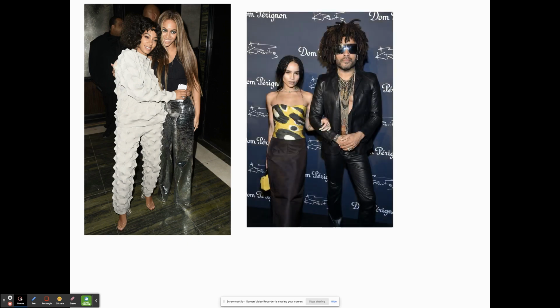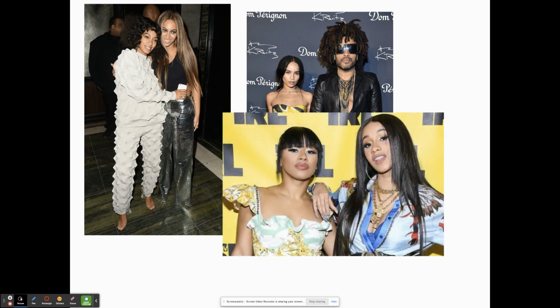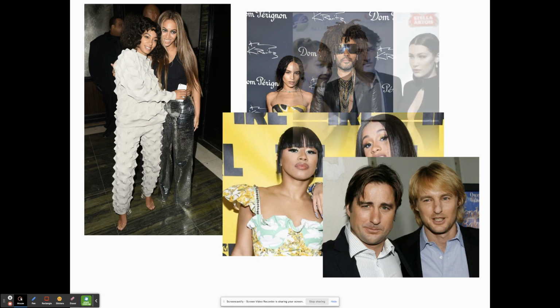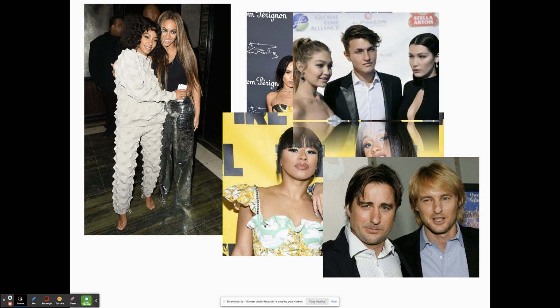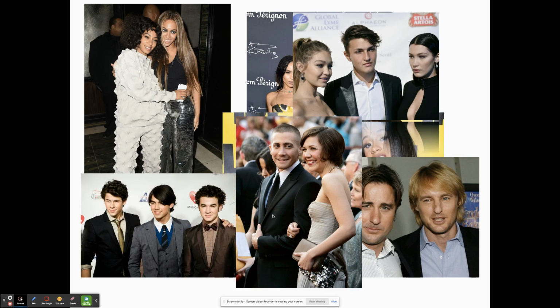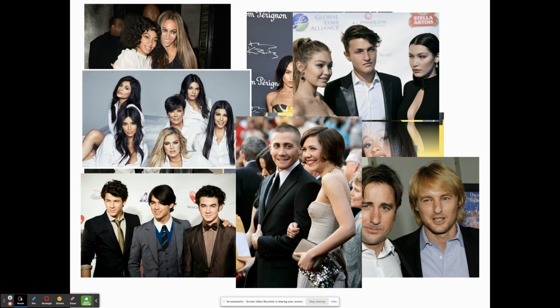We have Beyonce, Lenny Kravitz and his daughter Zoe, Cardi B and her sister, the Wilson brothers, the Hadid siblings, the Gyllenhaals, Jake and Maggie, the Jonas brothers, and probably the most famous, the Kardashians and Jenners.